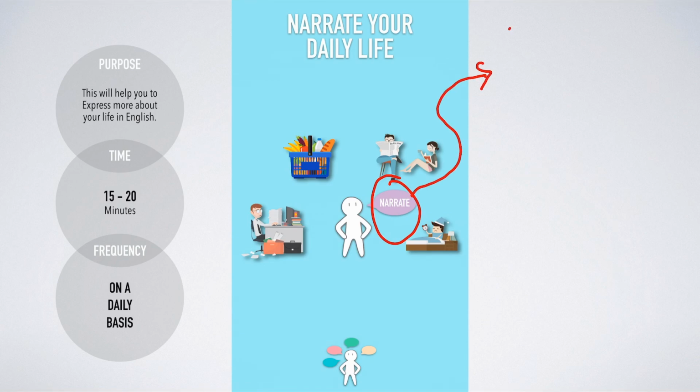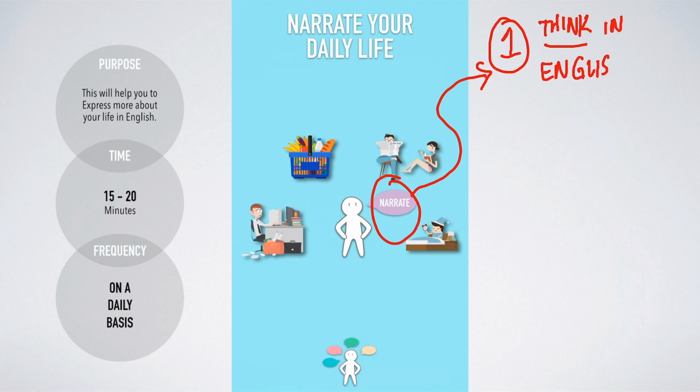All right, the first thing is you need to think in English, okay? This is why this is so important. So, throughout the day, you are thinking in English, okay? This is your brain thinking in English.